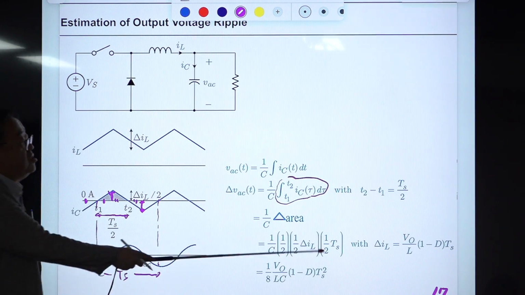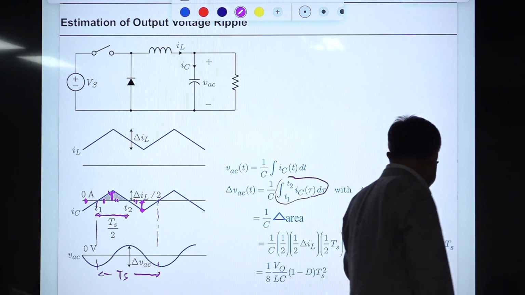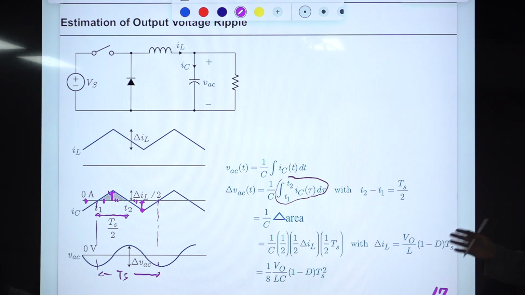You can use this on-time slope and on-time period, but it's better to use the output voltage if possible. The reason for that is later on you will be regulating this output at a fixed value using feedback control. So usually this voltage is fixed, but the input voltage can be varied depending on the application, but always this one is fixed.